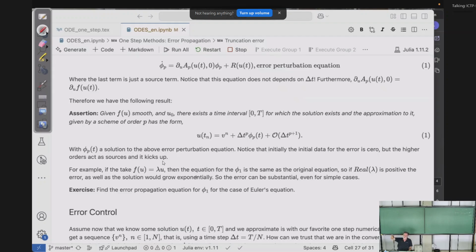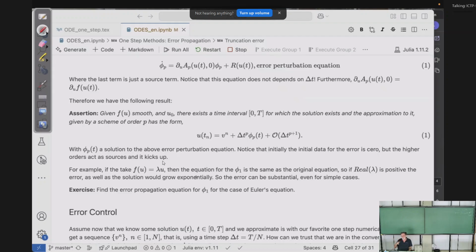But that doesn't tell you much, because suppose you have a solution which is growing exponentially very fast. You multiply this by delta t, and it is still very big. Imagine you are using delta t of 1 over 100, and your solution is 10 million, so it is still very big.